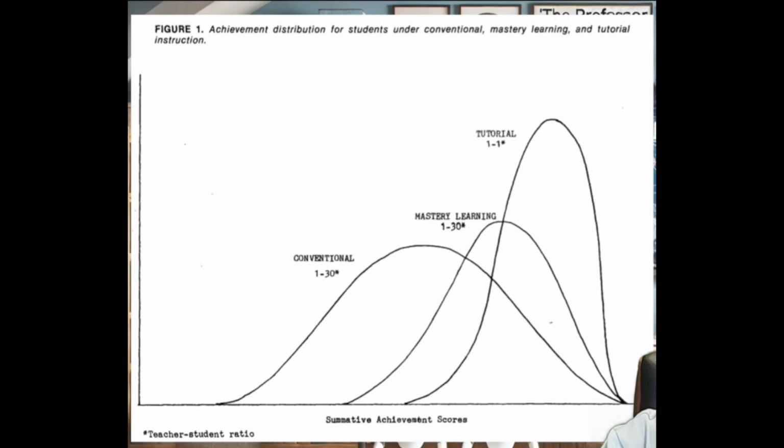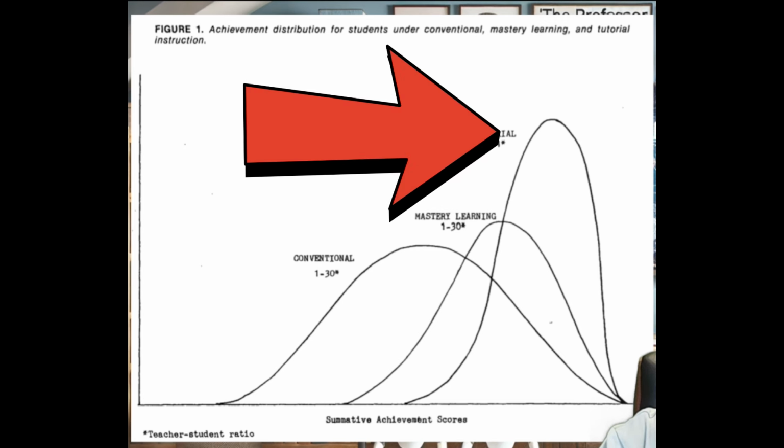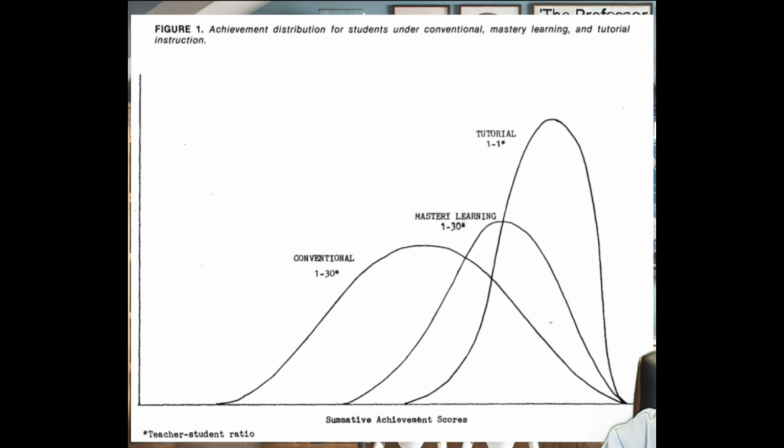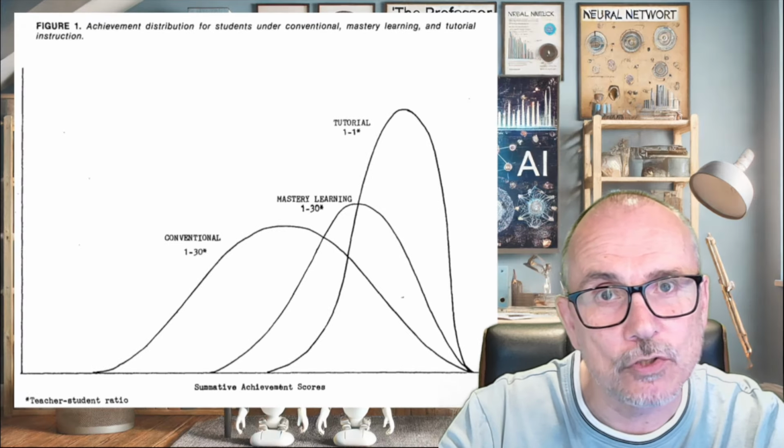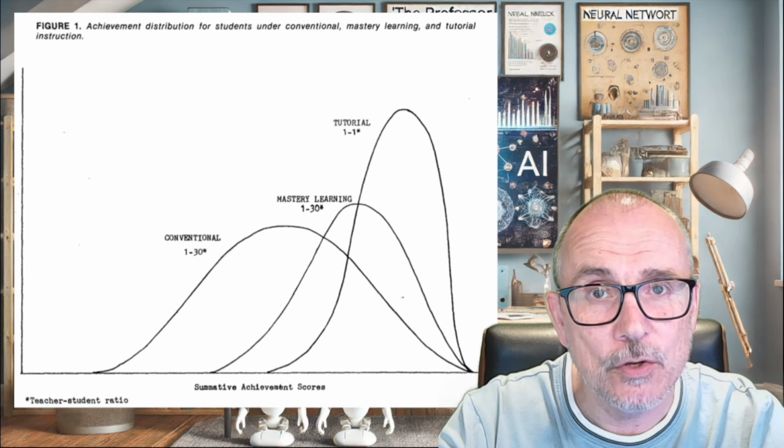As you can see, those with one-to-one tuition have enormously better outcomes. Even an average student with one-to-one tuition is outperforming the strongest students under the conventional system. So ChatGPT gives you a chance to have that one-to-one tuition if you use it properly.